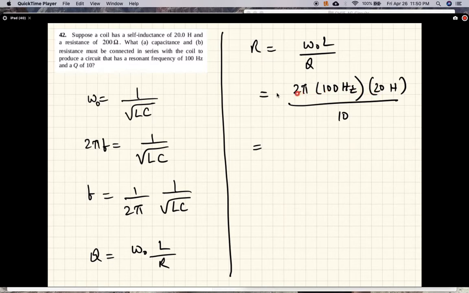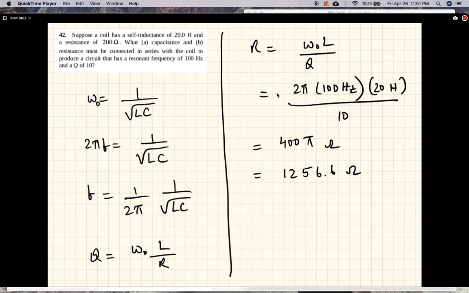That's 400 pi. Yeah, that's right. That's 1,256.6 ohms.